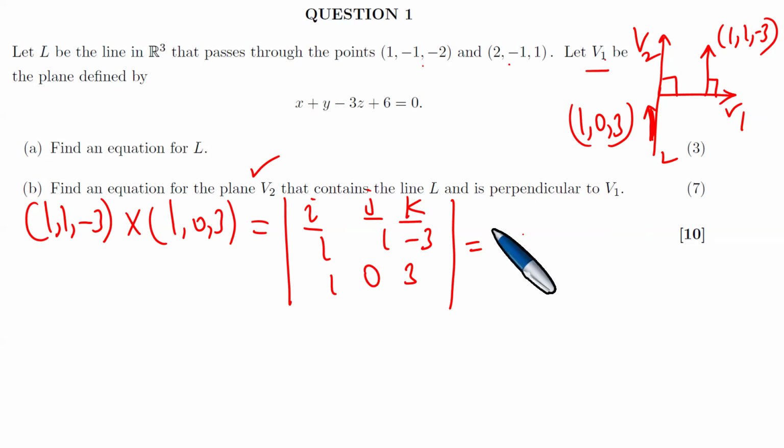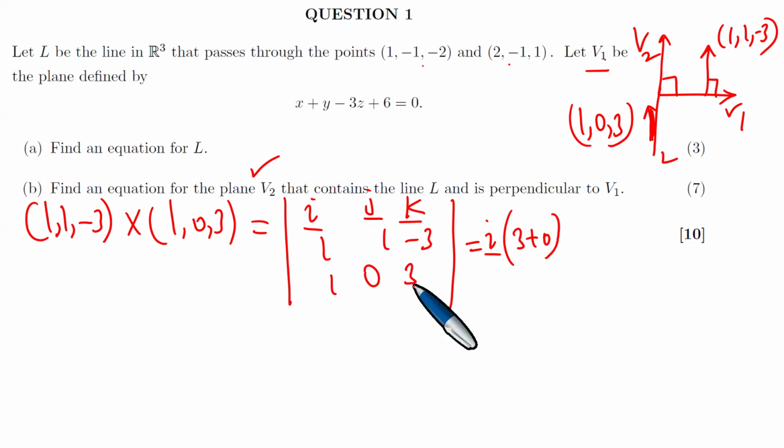a normal to V2. Once again, this is recorded, so you should not worry much about copying yet, because we shall be cruising. We block the first column and first row, and then it's 1 by 3, which is 3, plus 0.